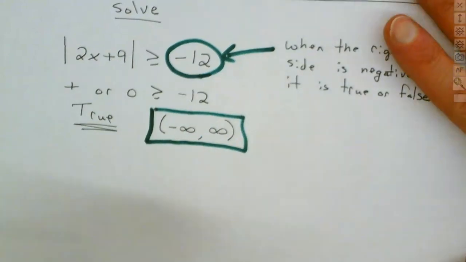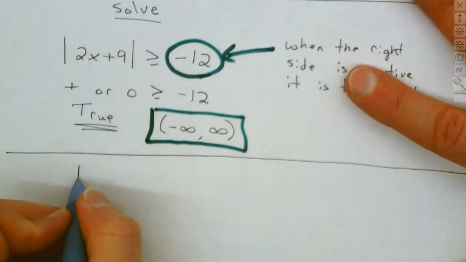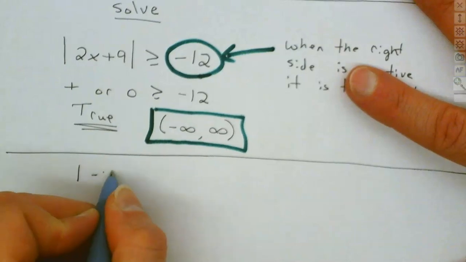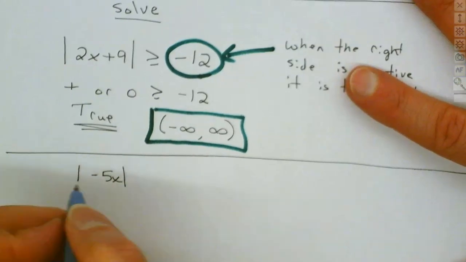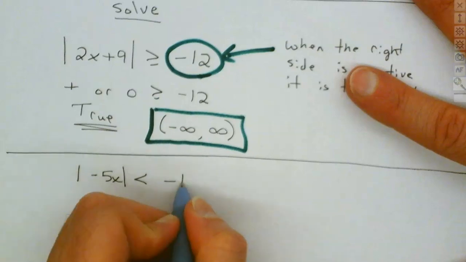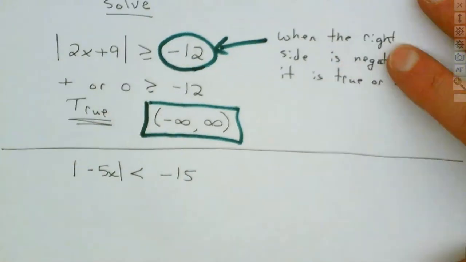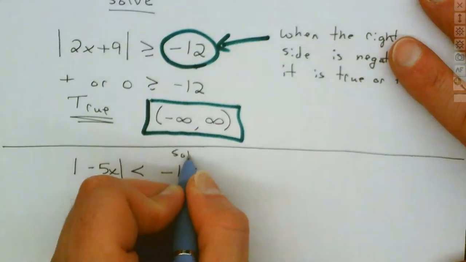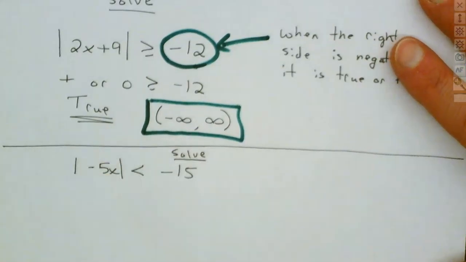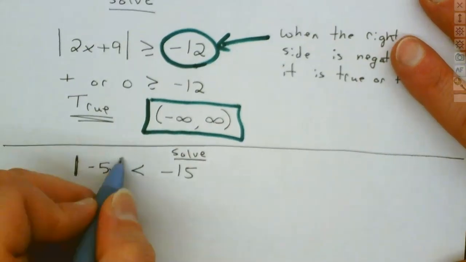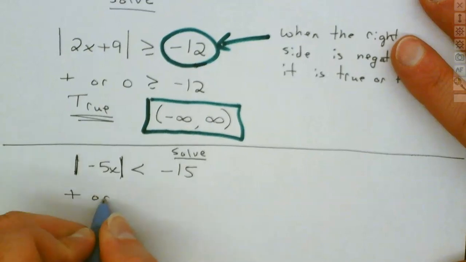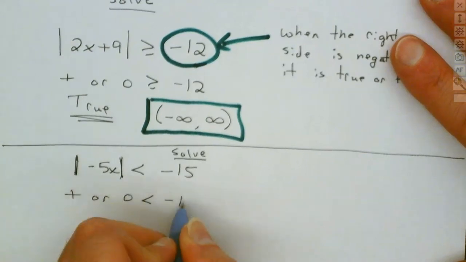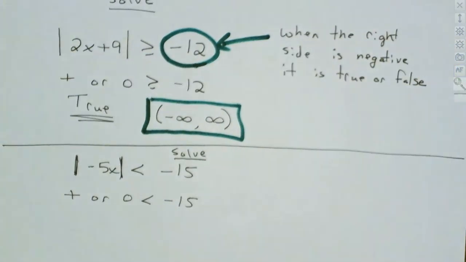What if it's the opposite? Okay, what about this one? What do we know about absolute values again? Positive or 0. Are positive numbers smaller than a negative 15? Are positive numbers ever smaller than negative 15?